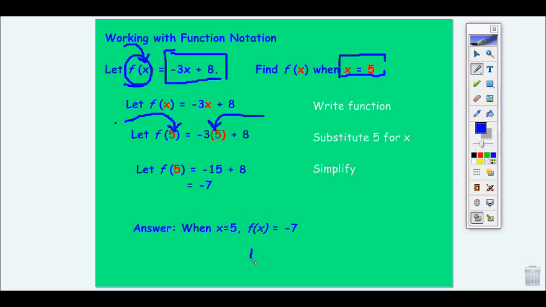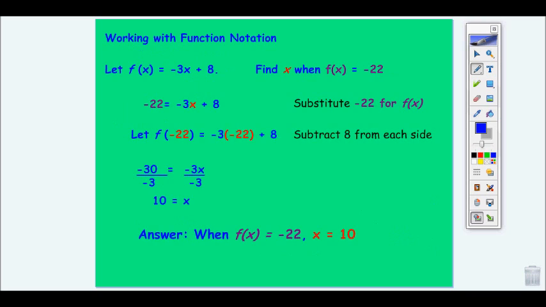We could also write that as y, or the output, is negative 7. That means we could also write this as the coordinate point (5, negative 7). When we're inputting 5, the output or the work of 5 would become negative 7.